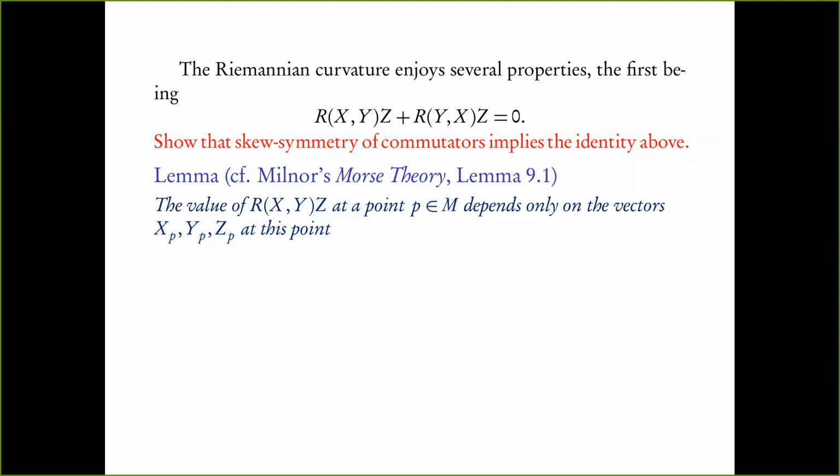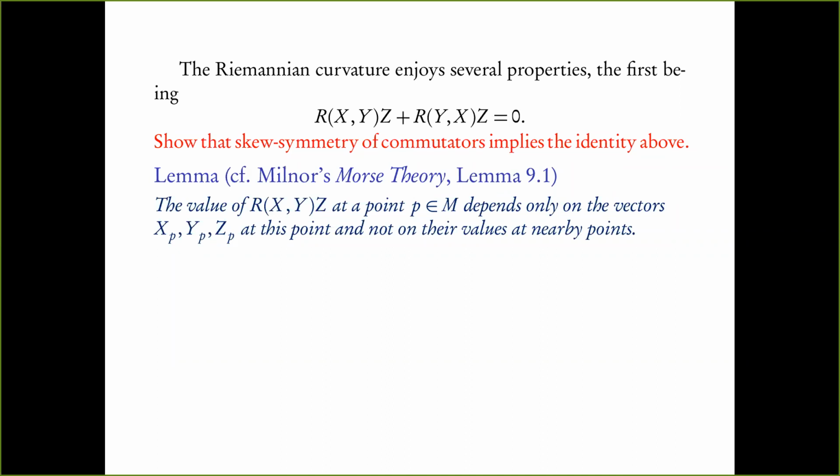So the claim is that you look at this vector field R of xy acting on z. This is a vector field. And you choose a point p in M. The claim is that this vector field R of xy acting on z depends only on the vectors x at p, y at p, z at p, and not on their values at nearby points.